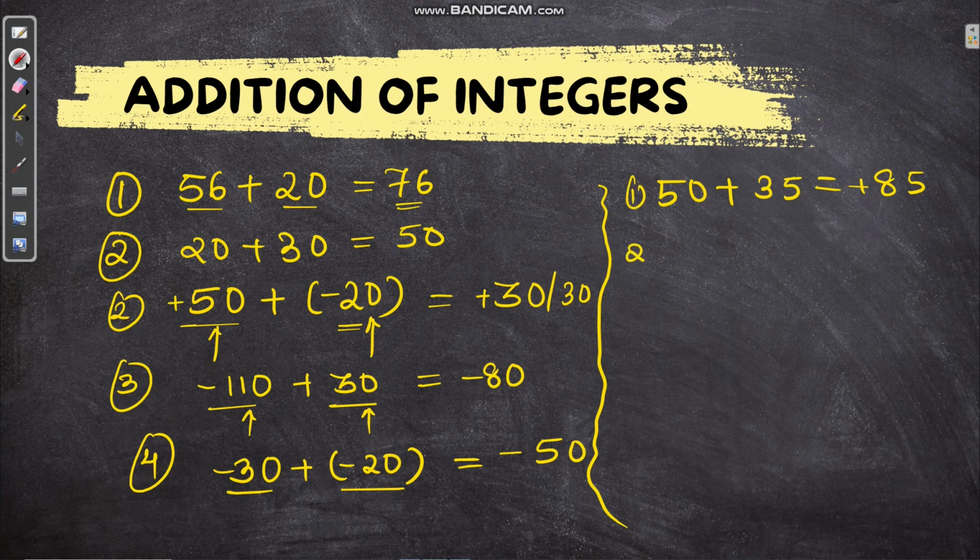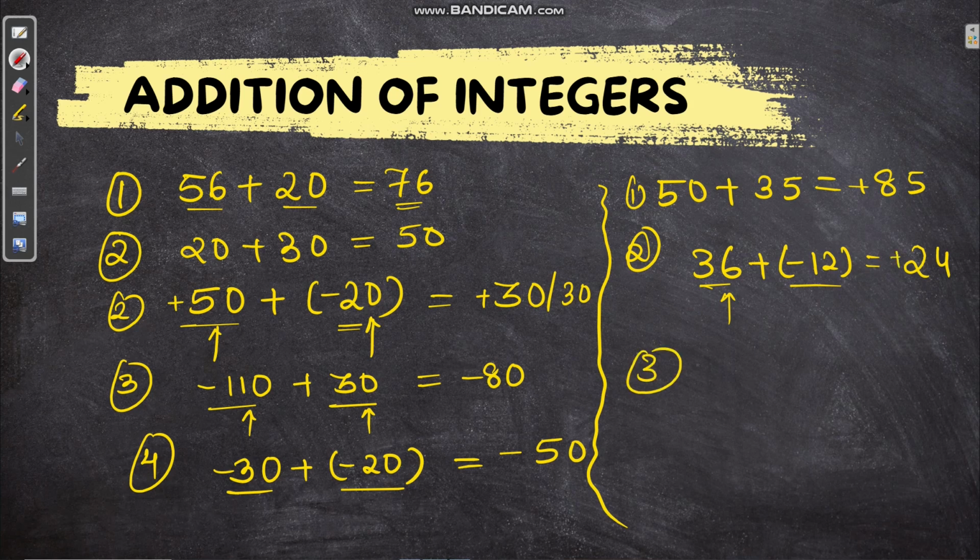Next question, 36 plus minus 12. Now you have one integer positive, one integer negative. When you have two integers with different signs, you subtract. So you will get 24. The greater number is 36, and 36 is a positive integer, so your answer will be plus 24.